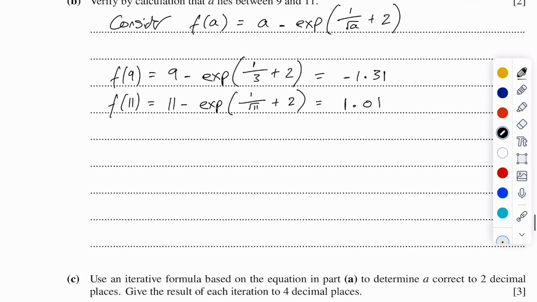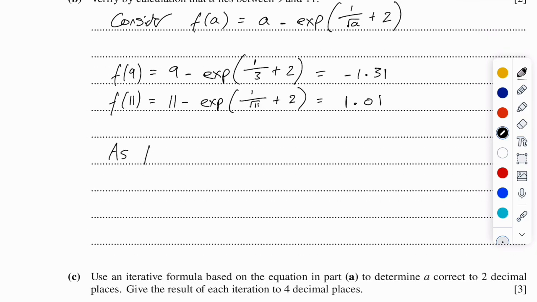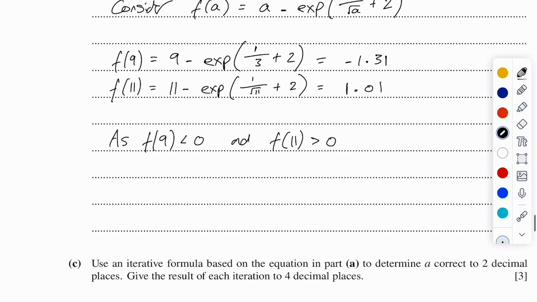And so we can say that as f of 9 is smaller than 0 and f of 11 is greater than 0, that demonstrates that a lies between these 2 points, because there is a change of sign.